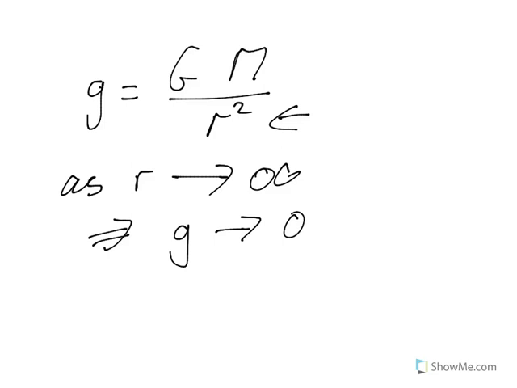So we want to get an infinite distance from all the matter in the universe, which really is probably not going to be something that we can do. So true weightlessness is probably not something that we're going to be able to experience.